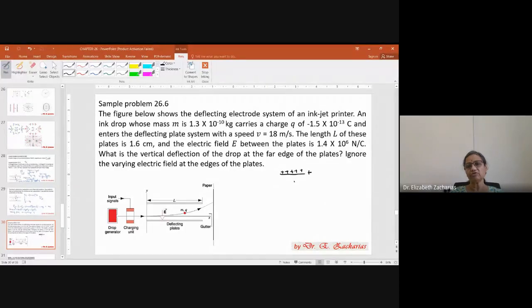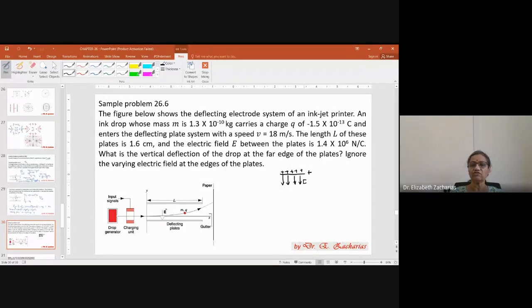It will be perpendicular to this sheet. It's not a line, it's a sheet. Will it be downward or upward? Downward, ma'am. Because please remember, the field is always going to be away from a positively charged body. It will be uniform and downward.